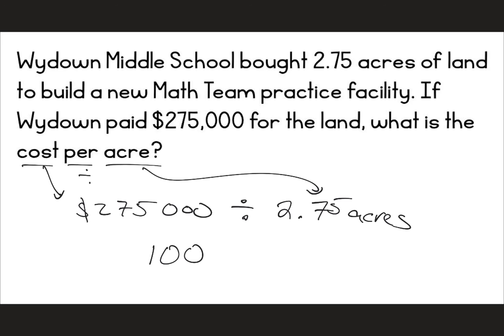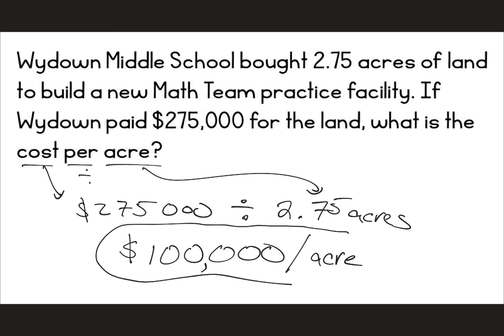You said 5 zeros, right? Yep, 5 zeros. What number is that? 100,000. So it's $100,000 per acre. So cost per acre, $100,000. That is the unit rate.